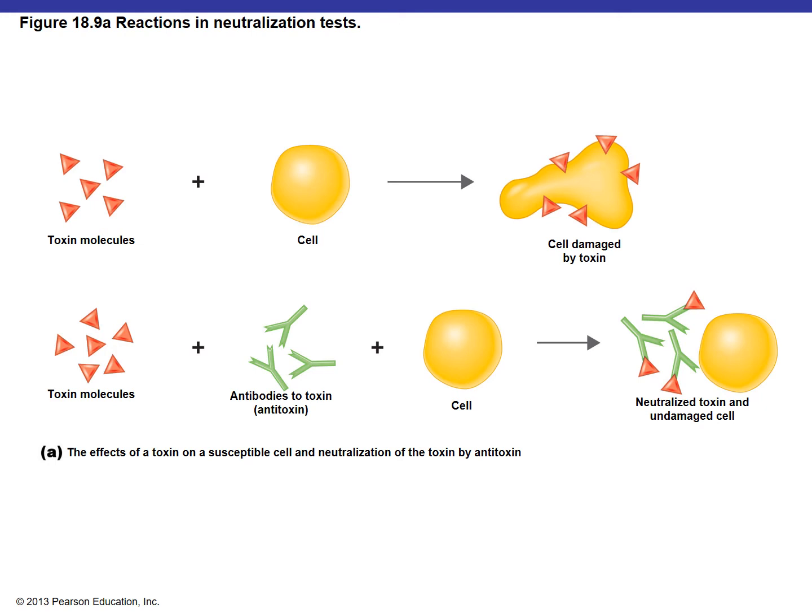Okay, so this is when we talked about passive artificially acquired immunity. This would be like, say, for instance, if someone was bit by a rattlesnake and they needed to get some type of antivenin.